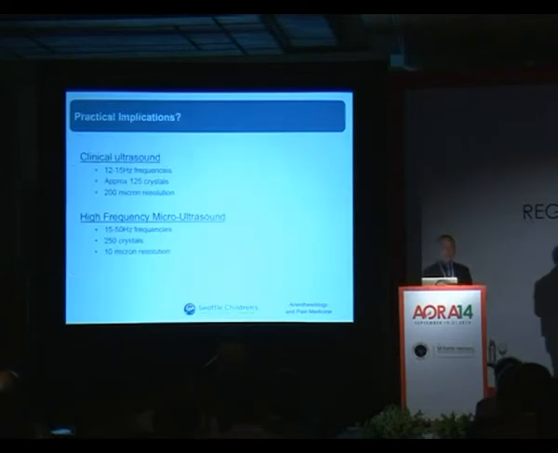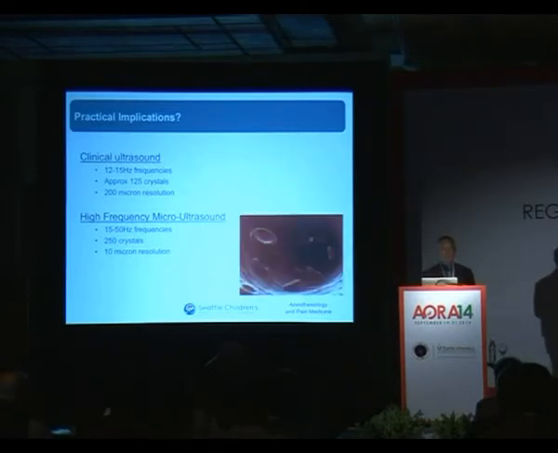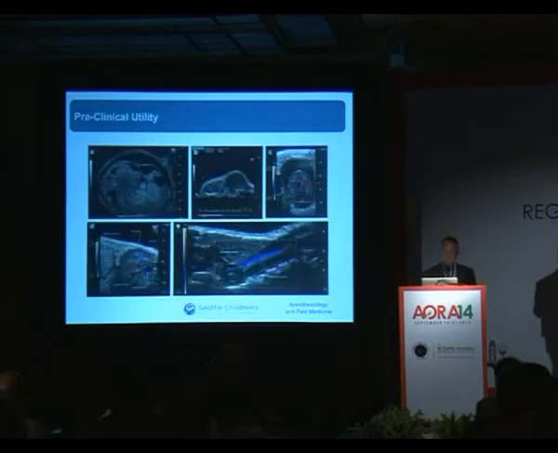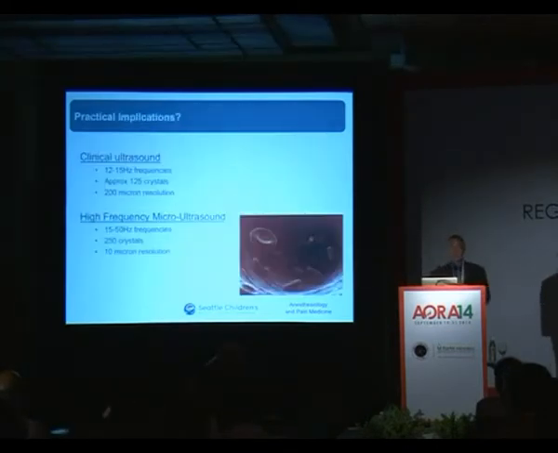The clinical ultrasound machines that we currently use are typically 12 to 15 hertz machines, probes. They have approximately 125 crystals in a probe, and the resolution is down to a 200 micron level. Now, the high-frequency micro-ultrasound machines operate at a higher frequency, obviously, from 15 to 50 hertz.